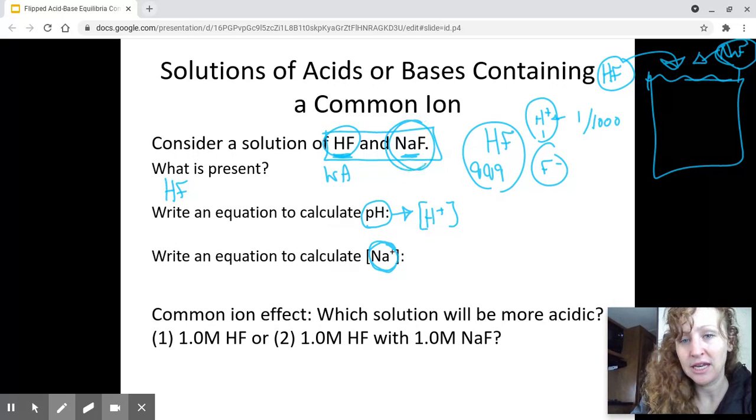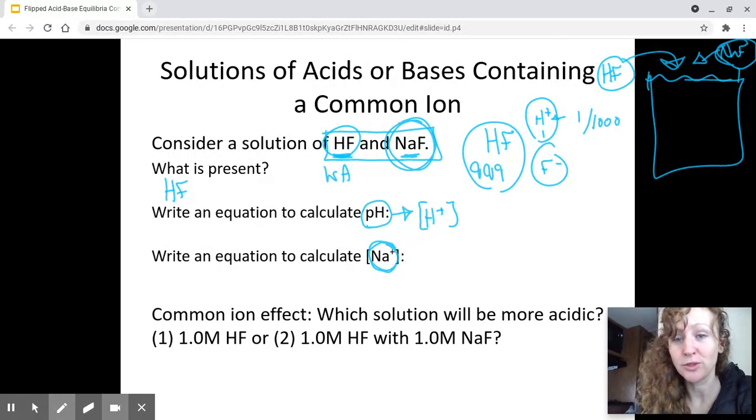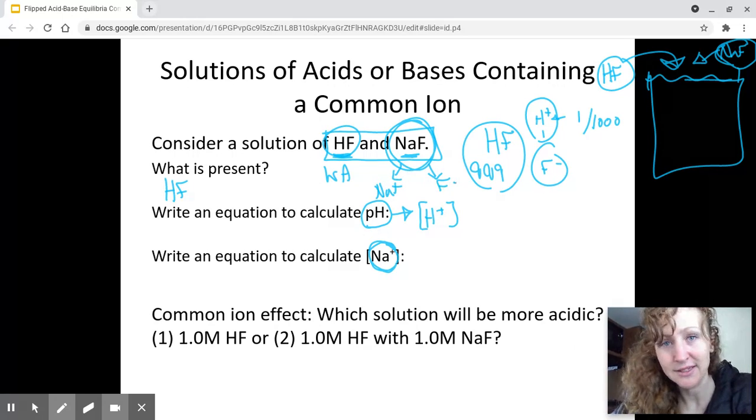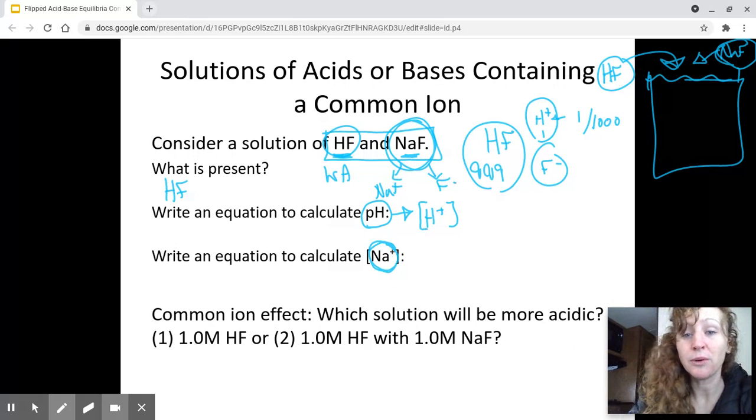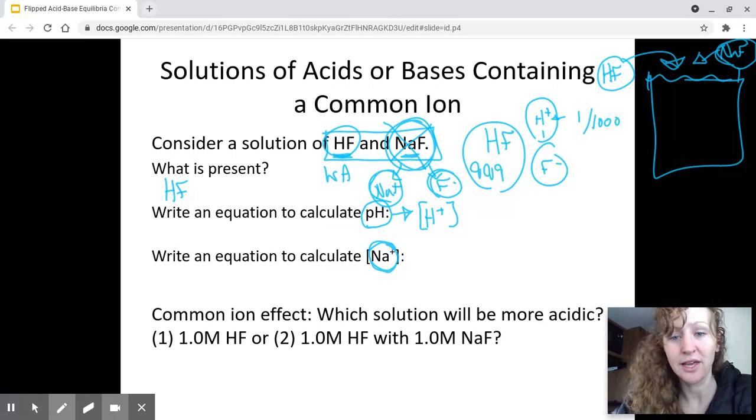Now let's look at NaF. This is going to be a soluble salt, right? So a soluble salt is going to break apart into ions like Na plus and F minus. The majority of what's going to be present is going to be our ions. We will not have much of our ionic compound left.